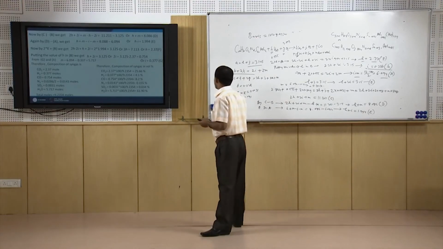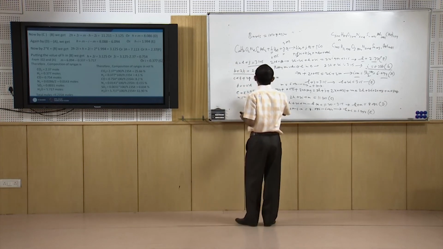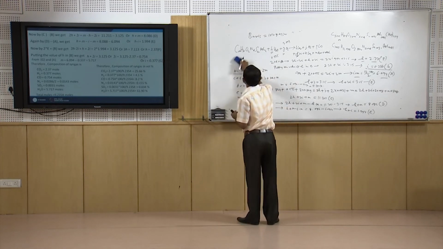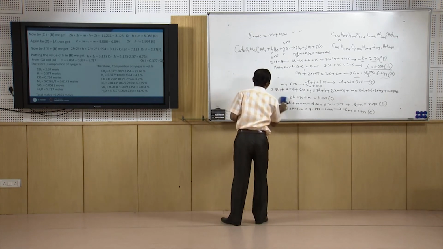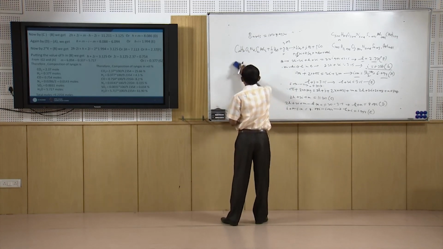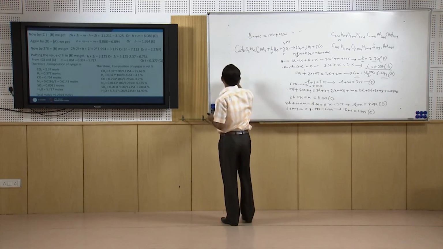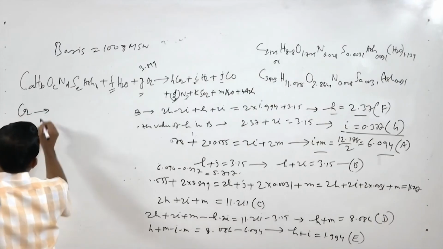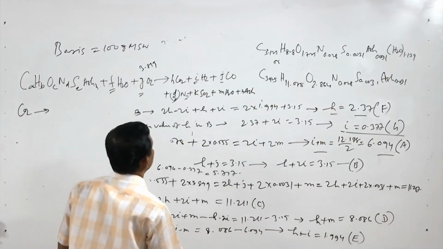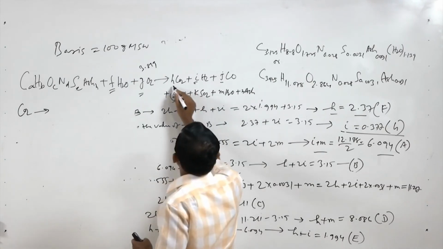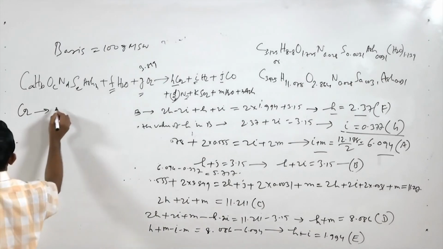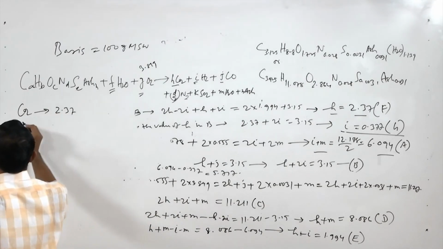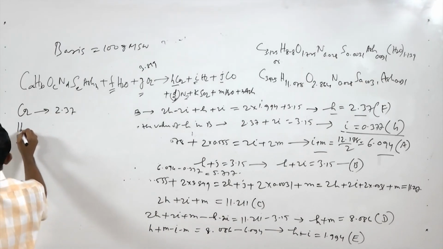So on the basis of this value, now we can see the composition of the syngas. So what will be the CO2? CO2 is equal to H, so H value is equal to 2.37, and then we will get H2.